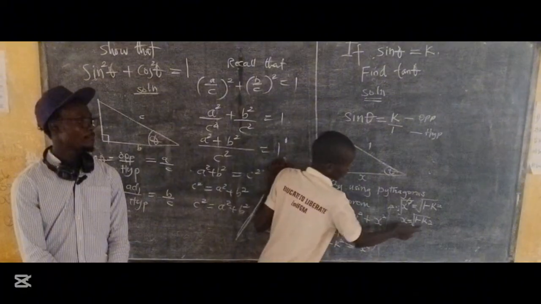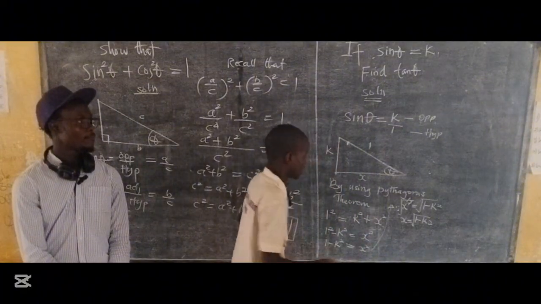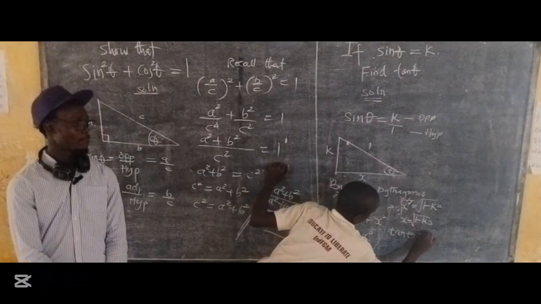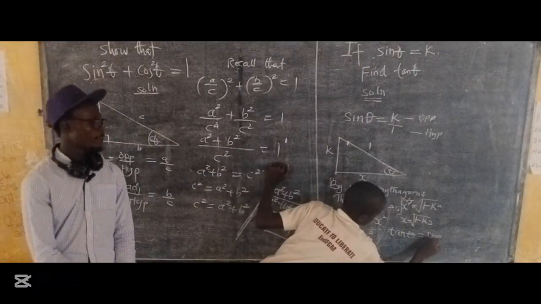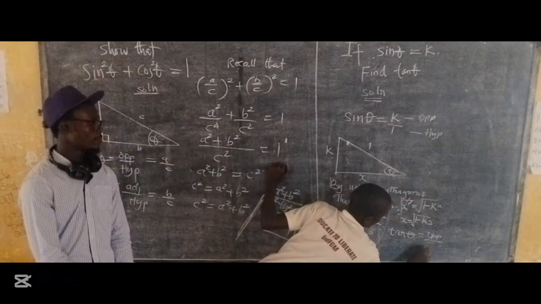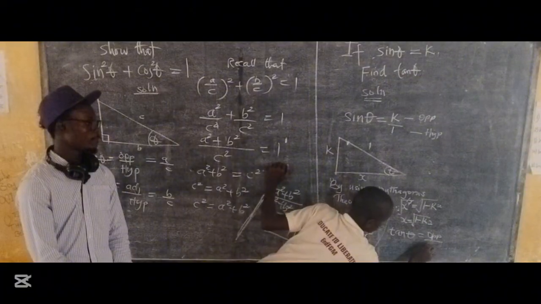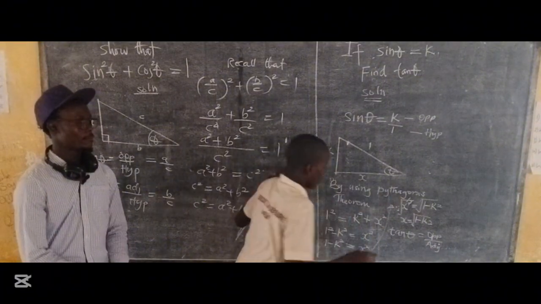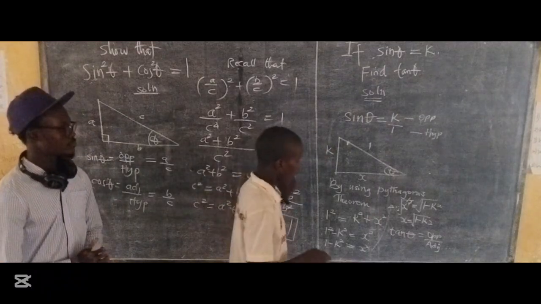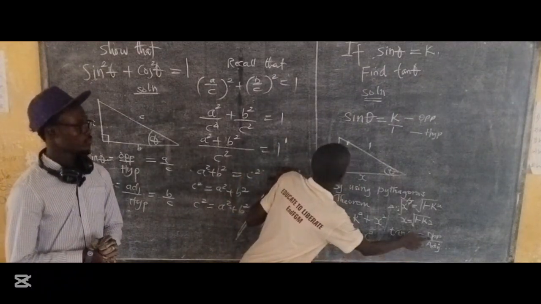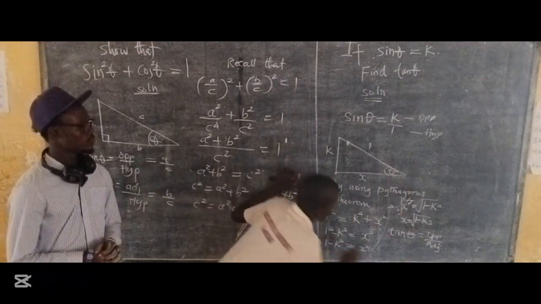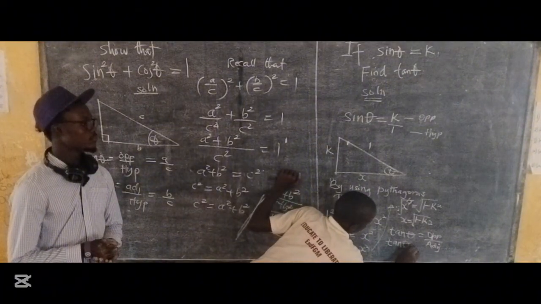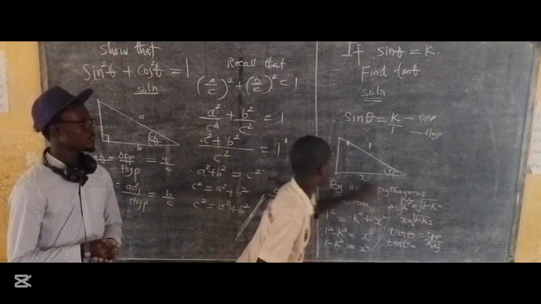So we are going to apply the formula which says tan theta is equal to the opposite divided by the adjacent. From the equation, you find the adjacent, and the opposite is what? k. So tan theta is equal to, what is the opposite from the angle?